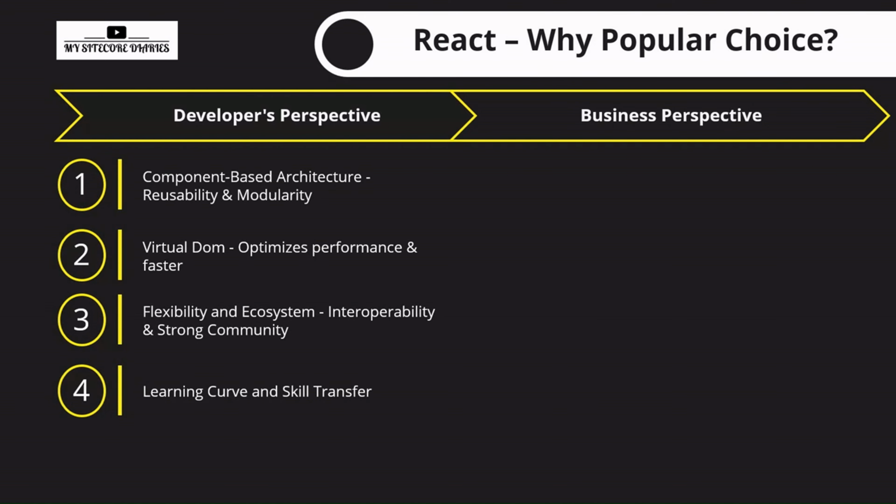Then we have learning curve and skill transfer. Skills learned in React are transferable to other frameworks, making it a valuable investment for developers. And the fifth point is the support for modern features. React includes features like hooks and concurrent rendering that enhance the functionality and performance. So these are the top 5 reasons why developers prefer React.